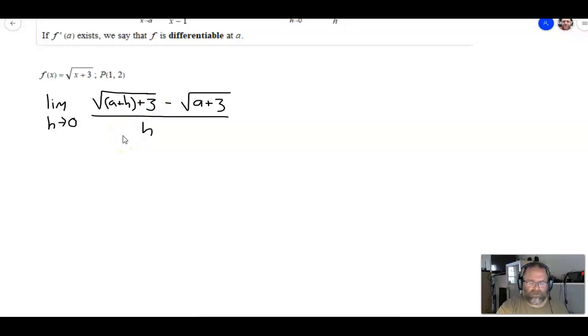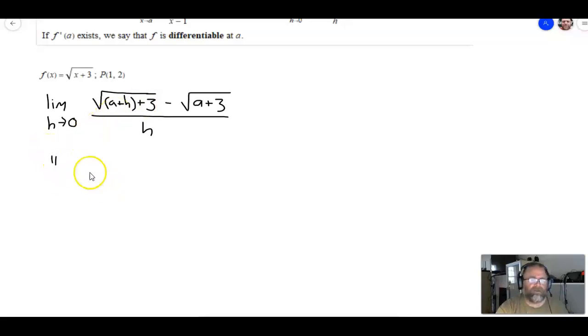And one trick that you need to have in your toolbox for these is that when we see radicals with a plus or minus either on the top or the bottom, we need to think about multiplying that by the conjugate. And I'm going to show you how to do that.